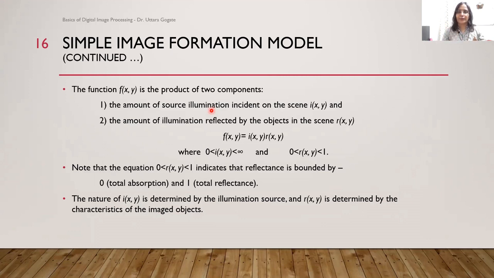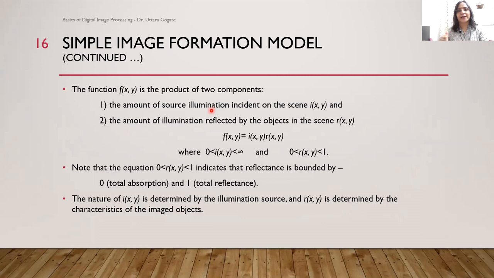So both things are important: how much light is incident, and how much illumination is reflected. If the total light incident on the object is absorbed by the object totally, then we call it zero, a total absorption, whole black color. And if it is totally reflected by the object, we call it a full reflection and indicate it with 1.